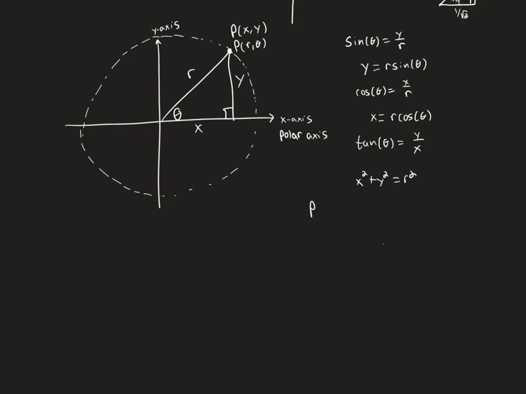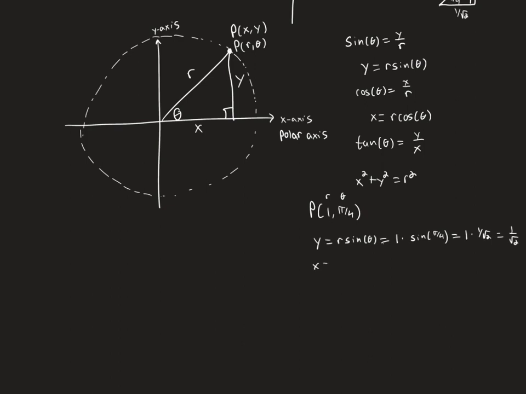So when we were looking at our point 1, pi over 4, when this was r and theta, if we wanted to figure out the corresponding y coordinate, y is r sine of theta, which in this particular case is 1 times sine of pi over 4, which is 1 times 1 over root 2, which is just 1 over root 2.